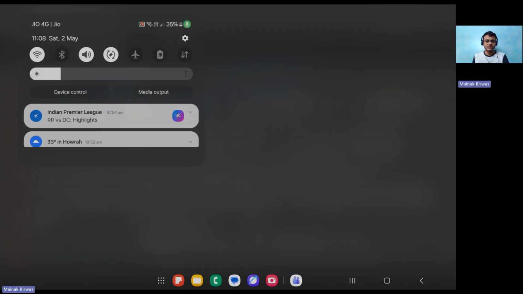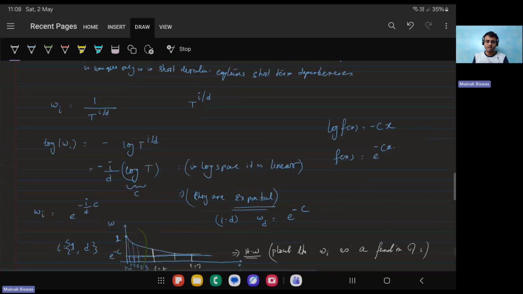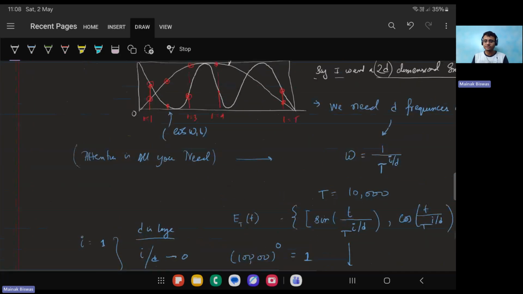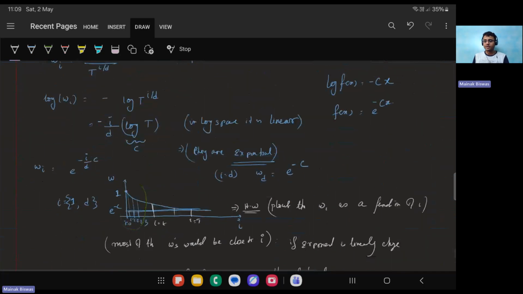So that's one of the reasons why this exponential, or linear in the log scale, set of frequencies is used to model time embeddings and sinusoidal embeddings. So we have understood this state-of-the-art and very popular idea of giving embeddings.